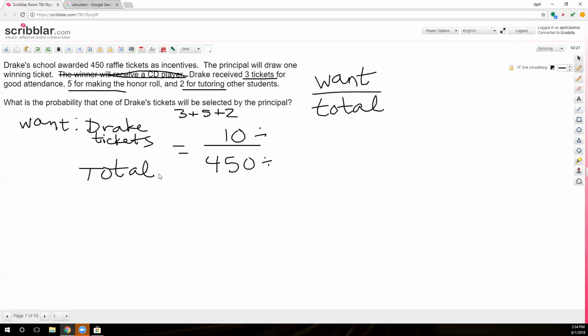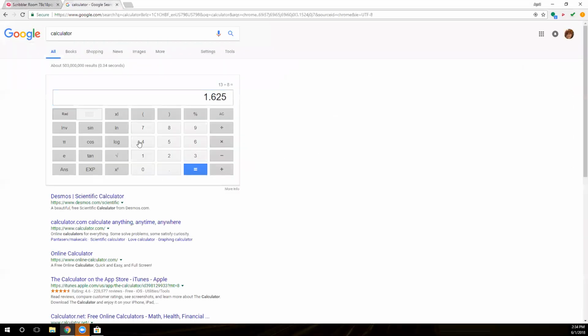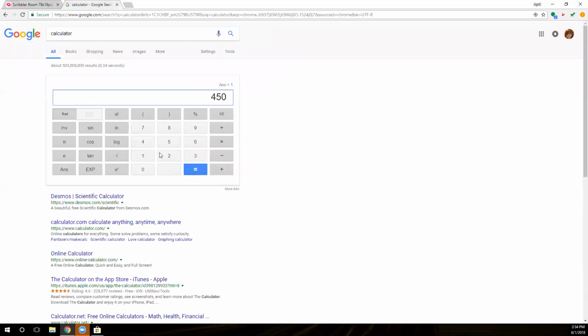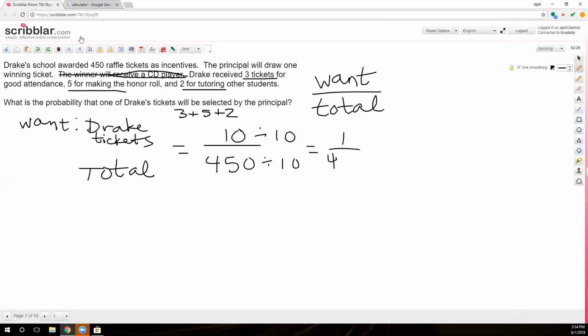If you can think of the biggest number, it saves some work for you. By using 10, we only have to do this once instead of multiple times. So 10 divided by 10 is 1, and 450 divided by 10 is 45. So this could be the way they write the answer. 1 over 45 could be the final answer.